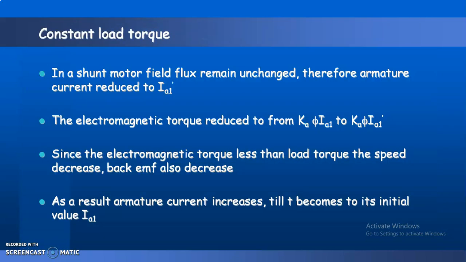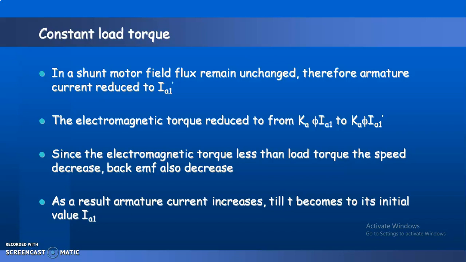Now for constant load torque, if your shaft load is constant. In case of shunt motor, we already know that the field flux is constant as the field is connected in parallel with the circuit. Therefore, the armature current is changed from Ia1 to Ia1 dash.